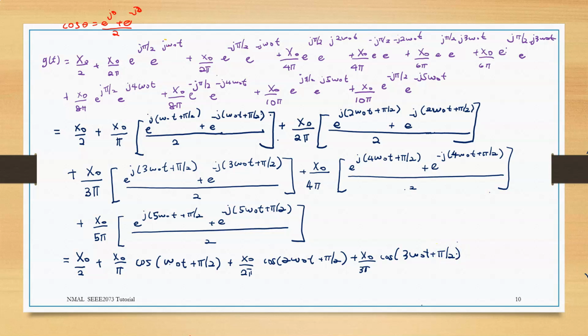So this is n equal to 3, and then n equal to 4, x naught over 4 pi cos(4 omega naught t plus pi over 2), and finally x naught over 5 pi cos(5 omega naught t plus pi over 2).